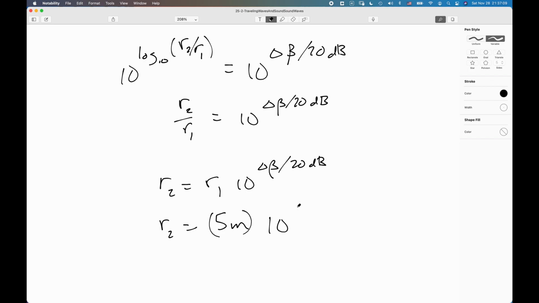This will be 10 to the, hey, wasn't that nice of me to say the change was 20 dB? So that's 10 to the 1, which is 10. So 50 meters. So in order for you to notice a 20 dB drop, you have to stand 10 times farther away, which does indeed match how we actually hear things.